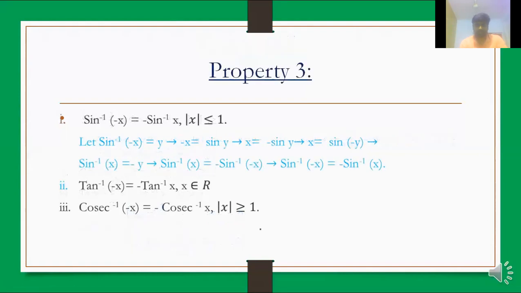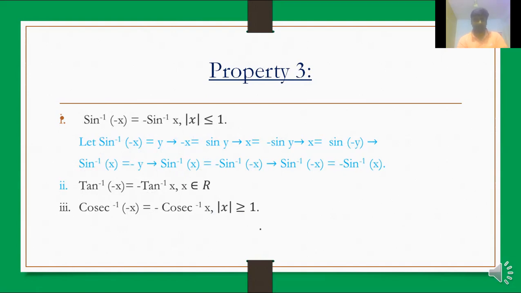Property 3, just as we discussed in the previous class: sine inverse of minus x is minus sine inverse x, tan inverse of minus x is minus tan inverse x, cosecant inverse of minus x is minus cosecant inverse of x. So these three together. The proof is also given there, that you can observe.